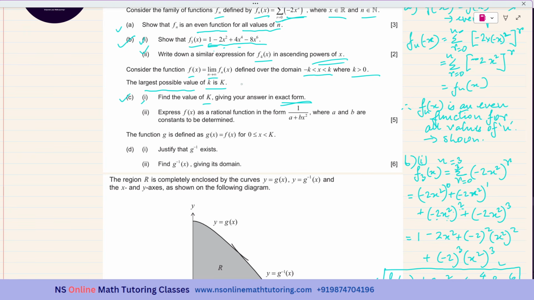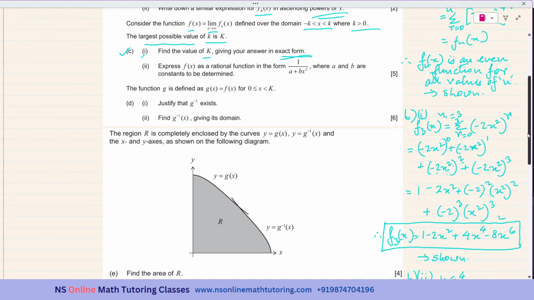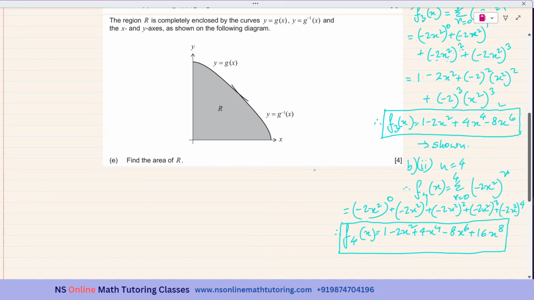So first of all, let us see, f of x is the limit as n tends to infinity of fn of x. So it will be an infinite series and the domain will be x greater than negative k but less than positive k, and k is a positive number. So let us start from here.